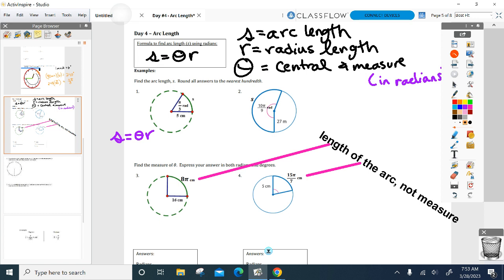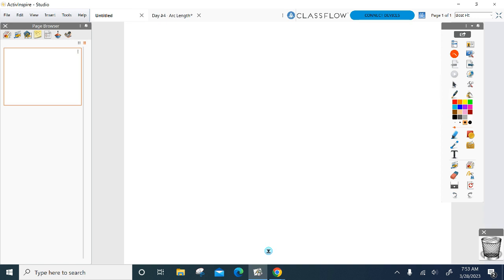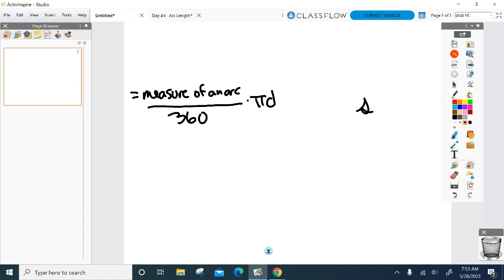I got 2 formulas for length of an arc. Formula number 1 is the one we learned on day 2, which is the measure of an arc over 360 times pi d. And then I just gave you a second formula, which is arc length equals angle times radius.